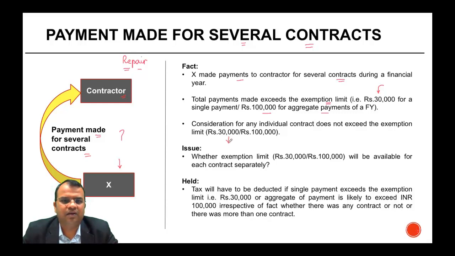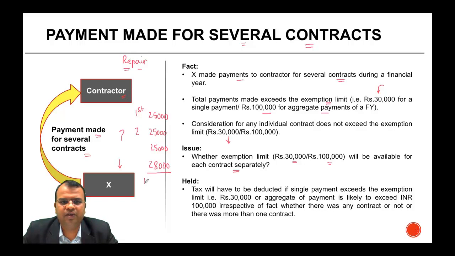Whether the exemption limit of 30,000, 1 lakh will be applicable for each contract separately. So the question is, if in the first contract the total payment is 25,000, in the second it's 25,000, in the third contract it's again 25,000, and in the fourth contract it's 28,000.